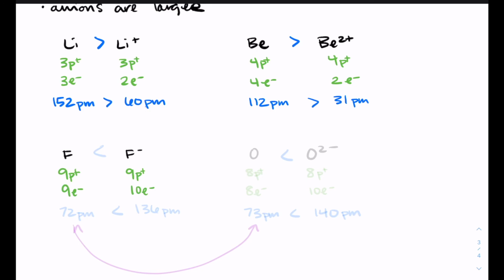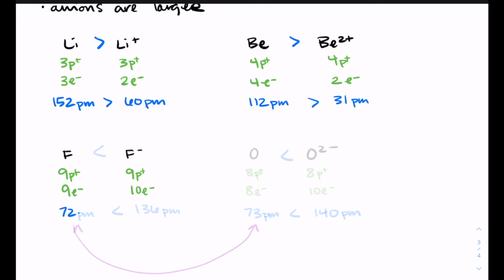Let's look at a couple anions. Fluorine is 9 protons, 9 electrons. Fluorine with a 1-, so fluoride, is 9 protons, 10 electrons. So now I have 9+ charge, and it's trying to hold on to 10 negative charges. Now, we have stability from this. Otherwise, we wouldn't see it as often as we do.